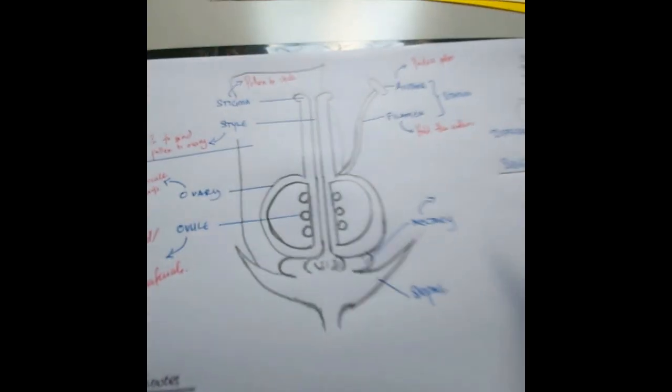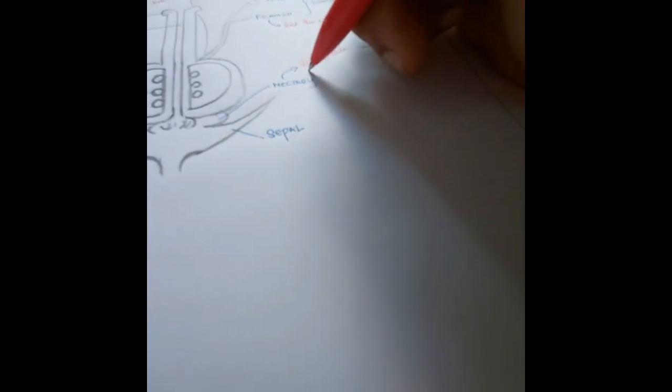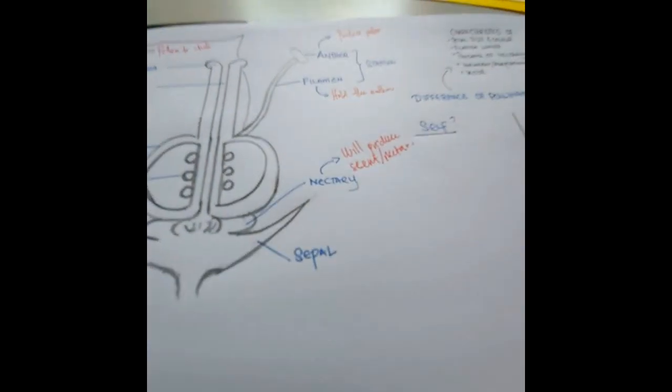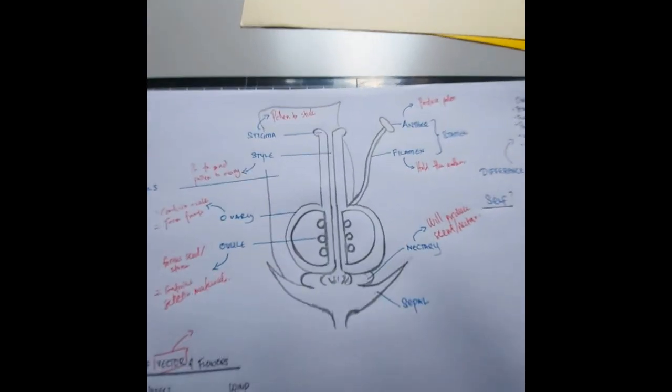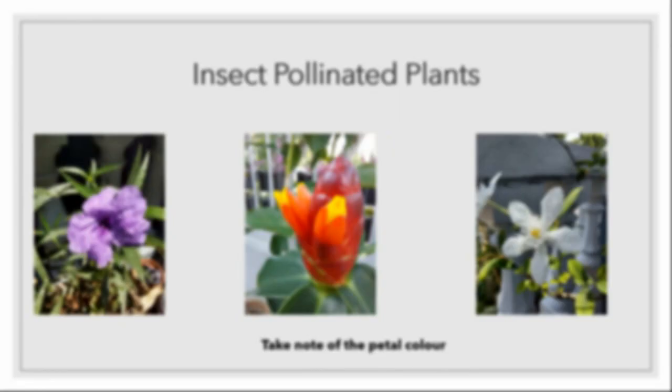The nectary itself will produce both the scent and also nectar. So there you have it, the whole portion of the flower.